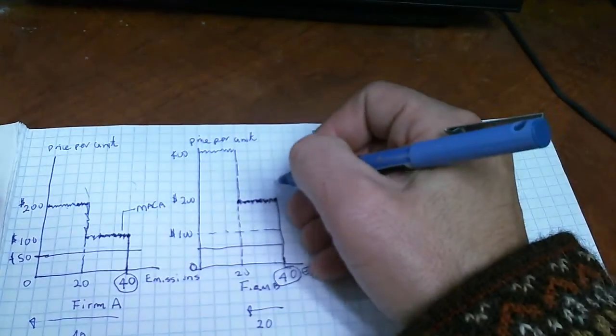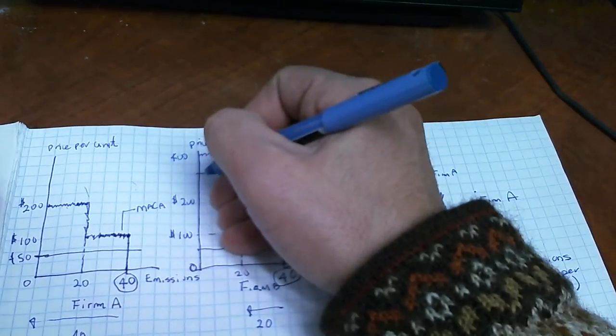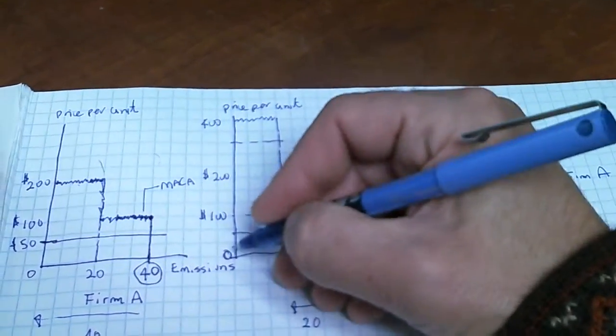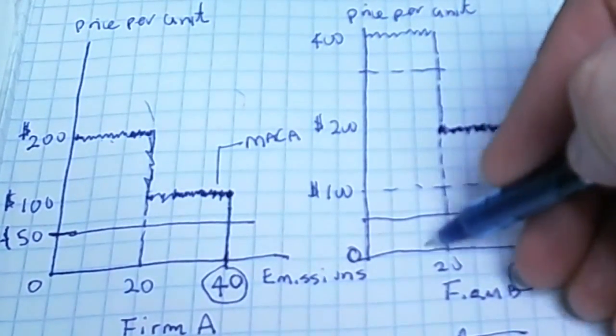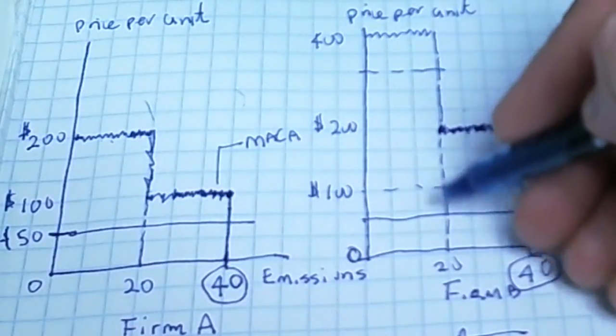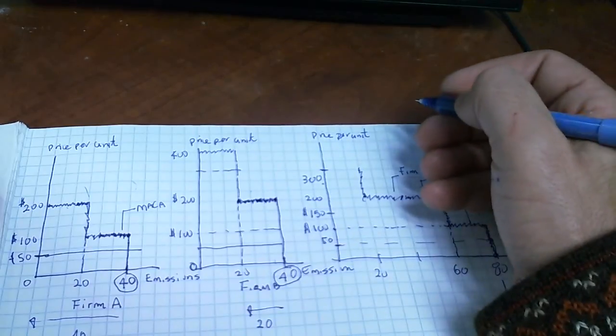This firm will say, well, I'm making more money from my first 20, but at 300, I will not bring it down completely to zero because for the 19th unit, it's costing me $400 and I'm getting only $300, so I won't go there. So at $300, I'll stay where I am.